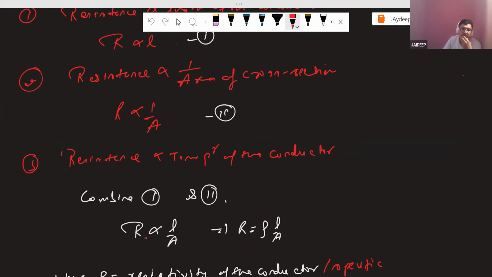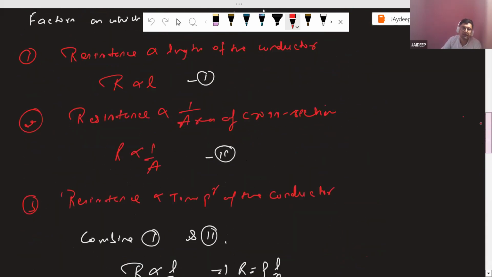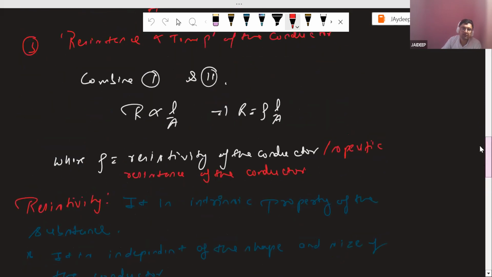Combining first and second, R is directly proportional to L over A. If you remove this proportionality, the constant resistivity comes in: R equals rho L over A. Now, what is resistivity? The SI unit of resistance is ohm. Resistivity is also a resistance.